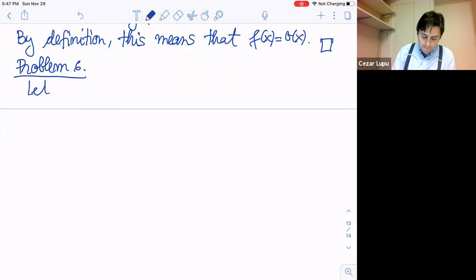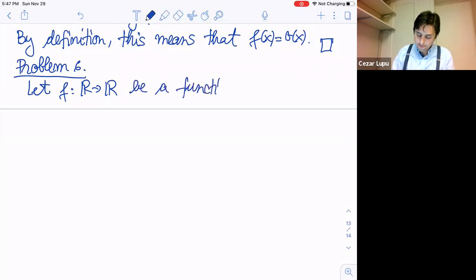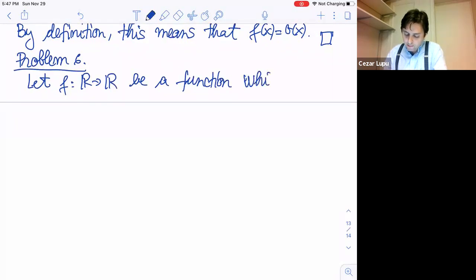So let me have a real-valued function f defined on the reals. So let f be a function which has the following property.